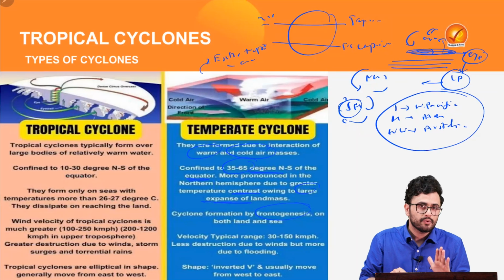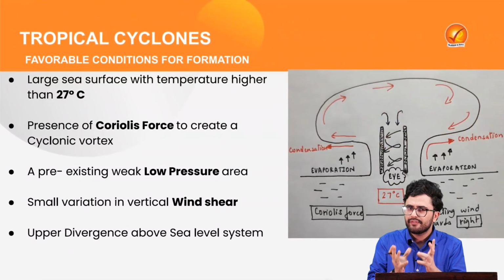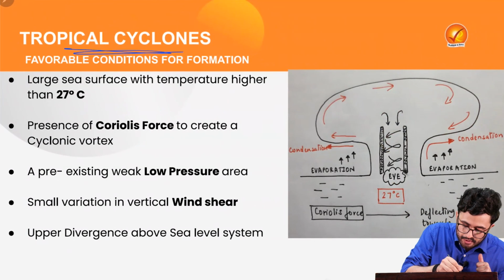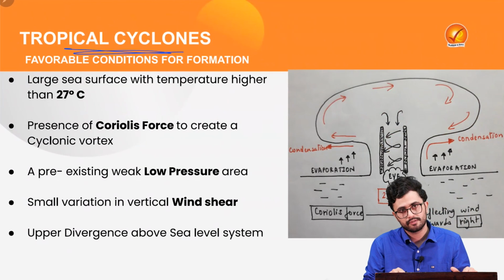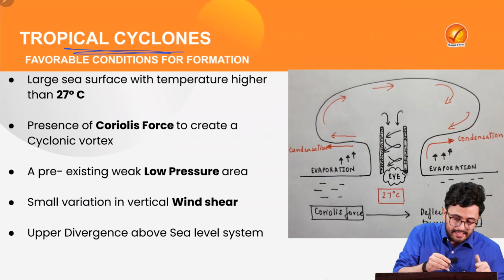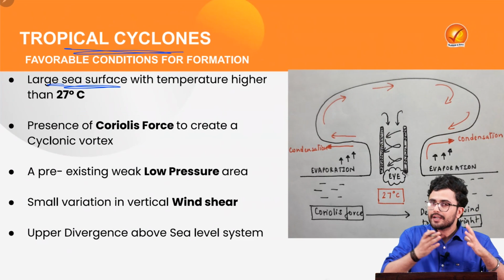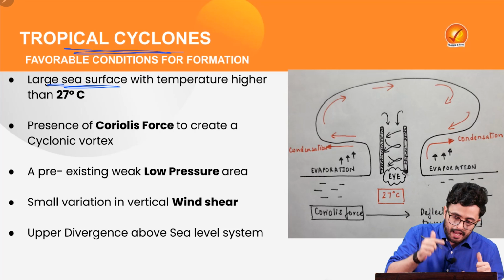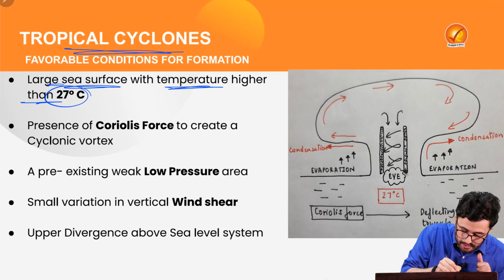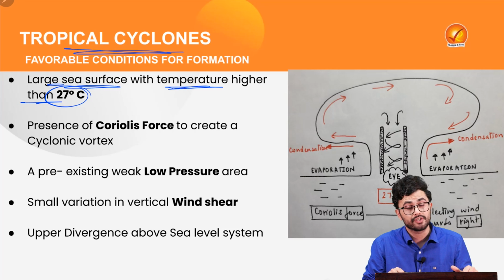So let's first try to understand what are the favorable conditions for the formation of these tropical cyclones. The first and foremost is the requirement of a large sea surface area which has a temperature higher than 27 degrees Celsius.